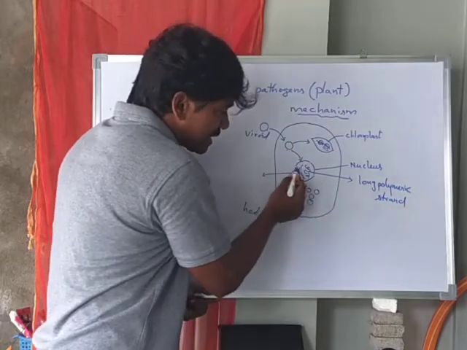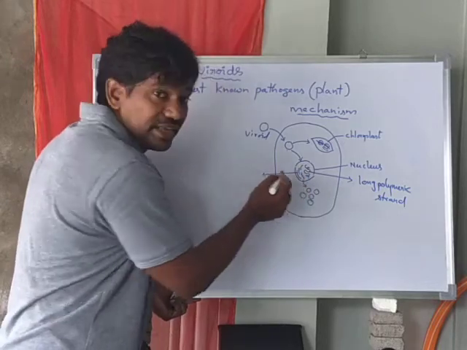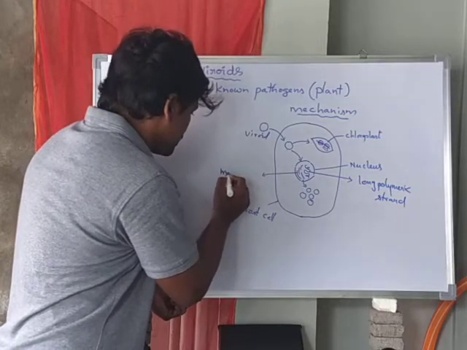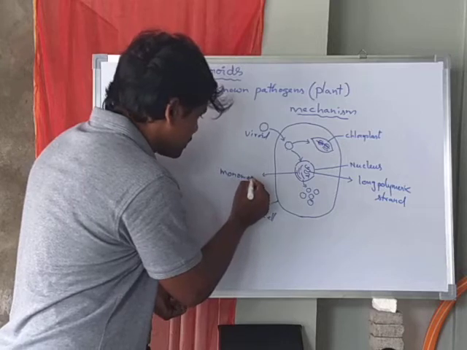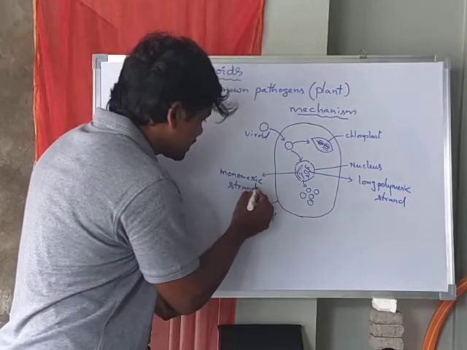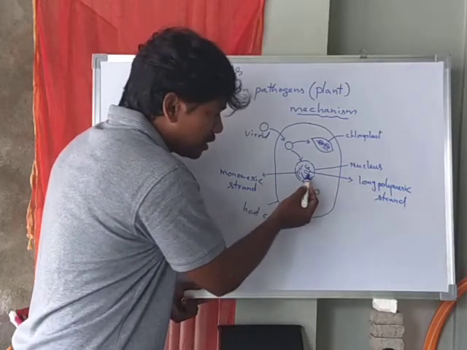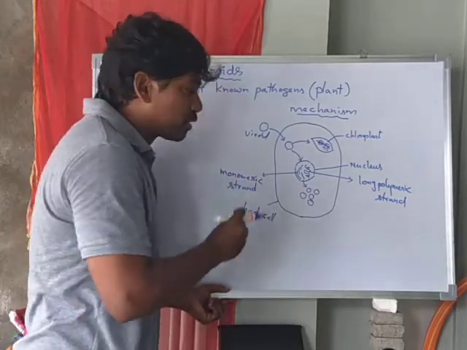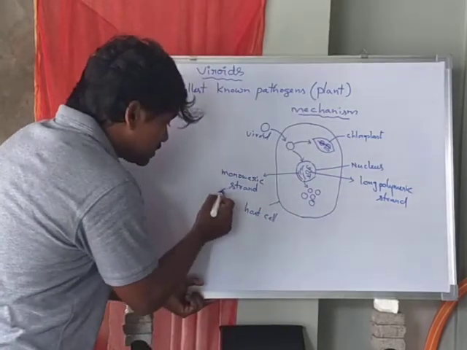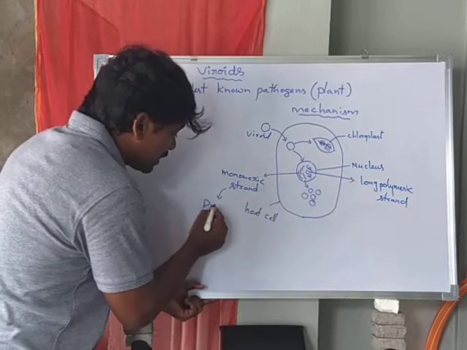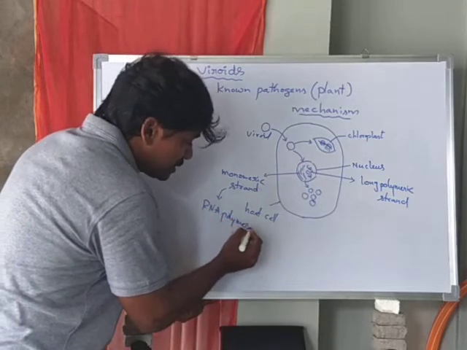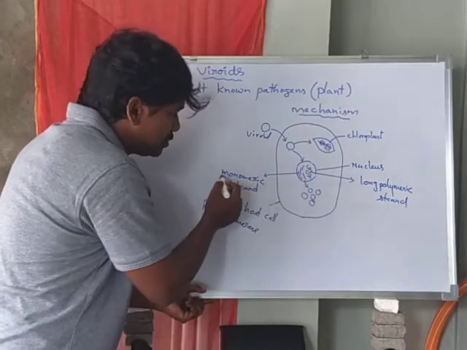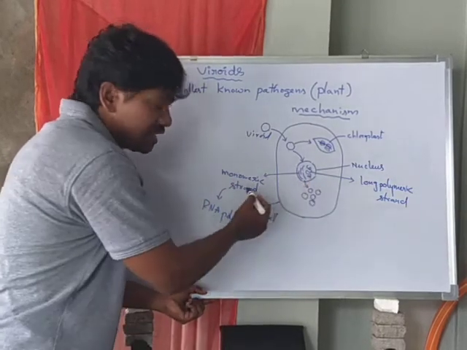Then the long polymeric strand is cut into monomeric strands, many copies, by using a host enzyme, RNA polymerase. By using this enzyme, the long polymeric strand is cut into monomeric strands.